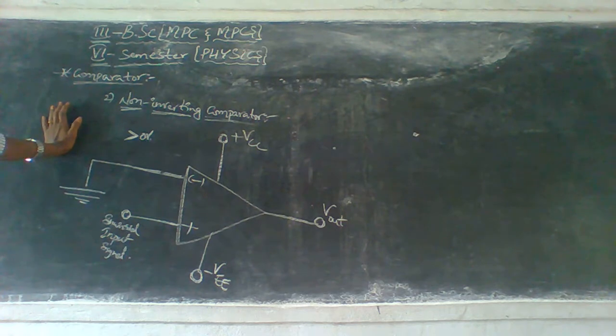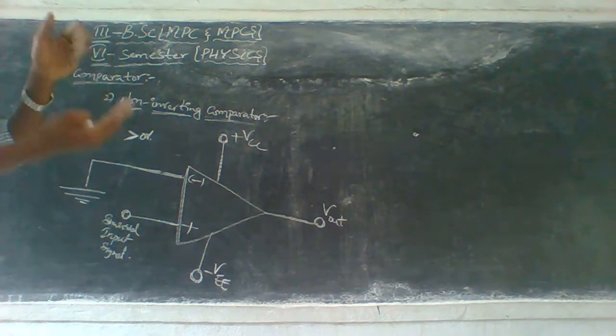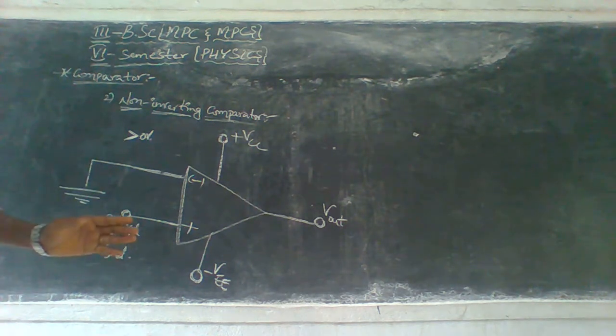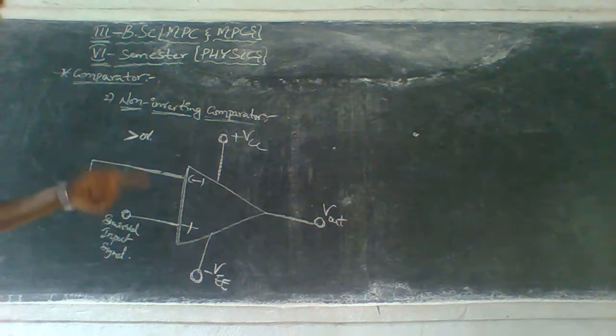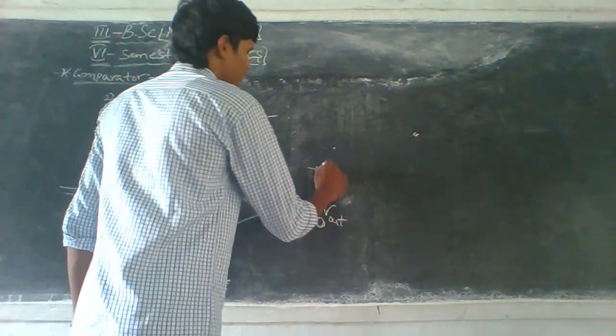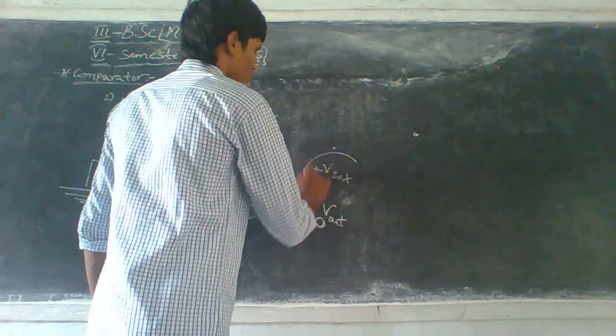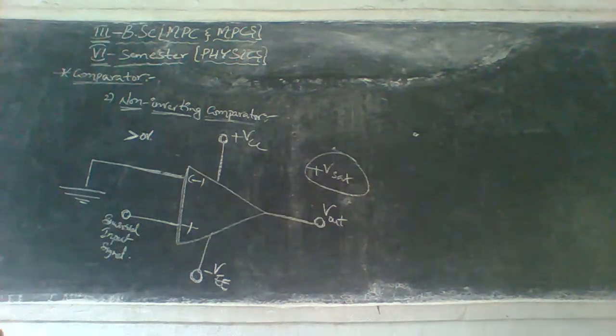Hence the output value of the non-inverting comparator will be equal to plus V sat.